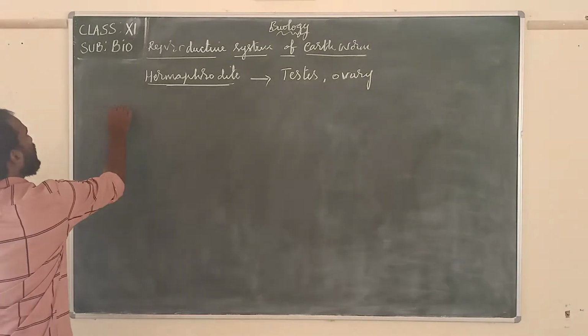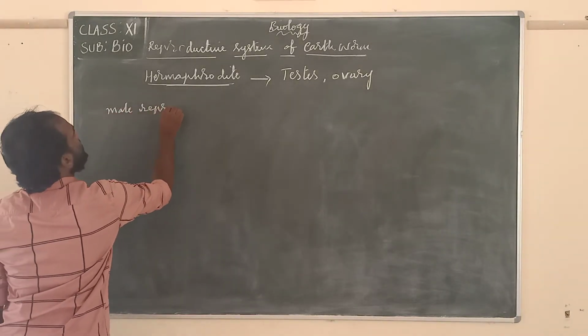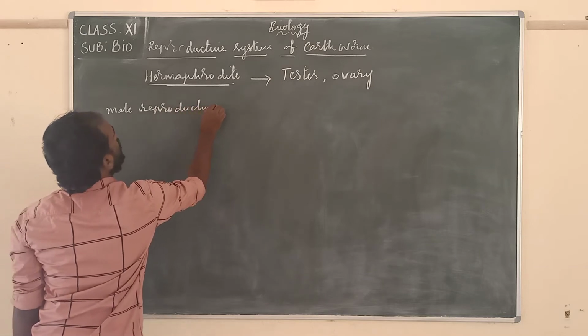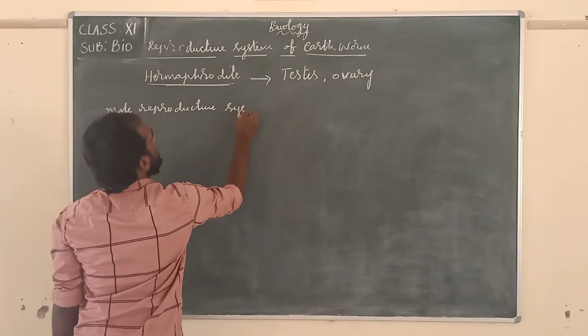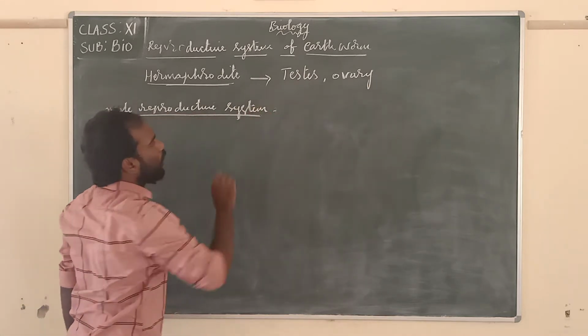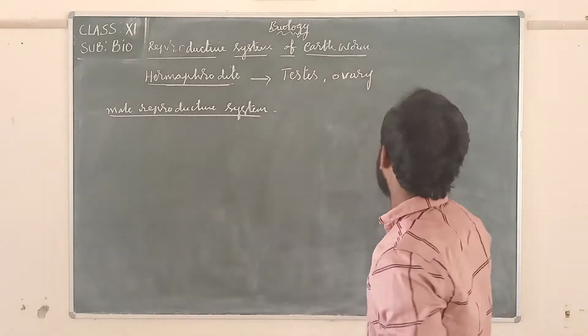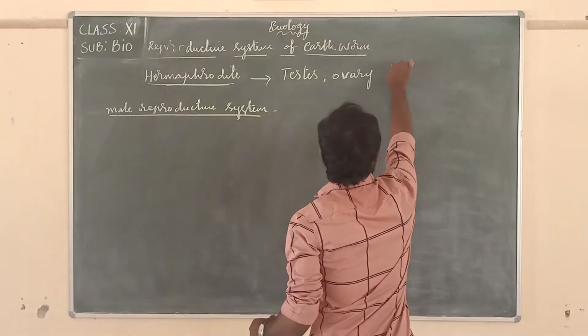Now, let us see what are the parts present in the male reproductive system of earthworm.